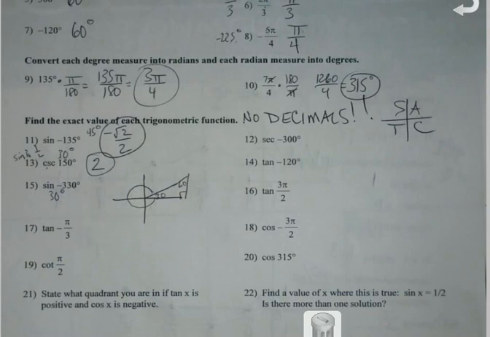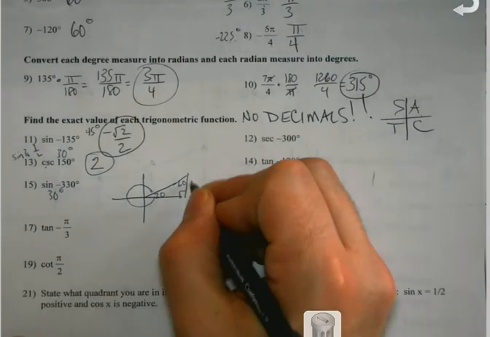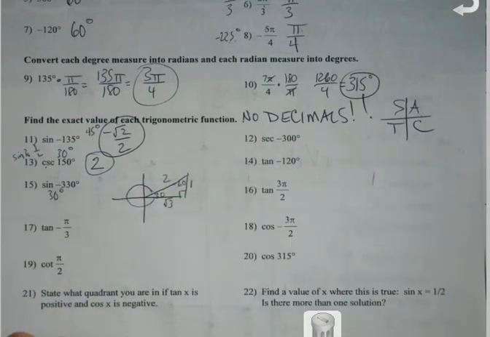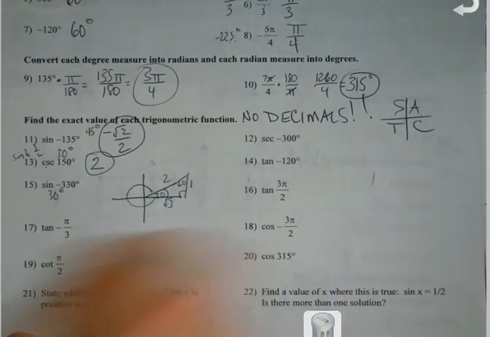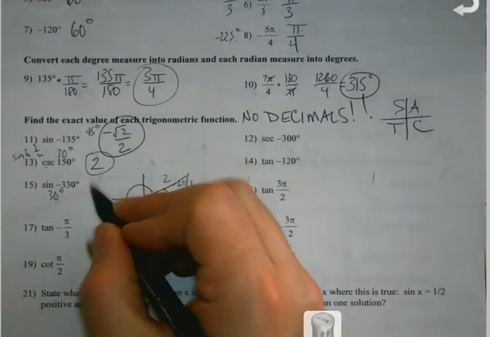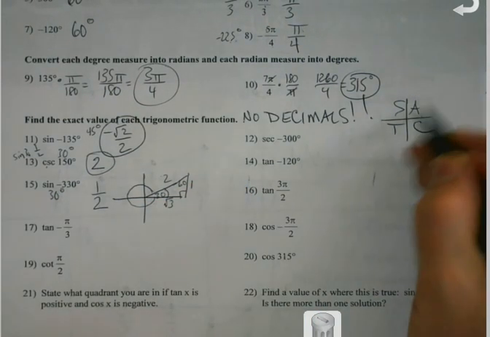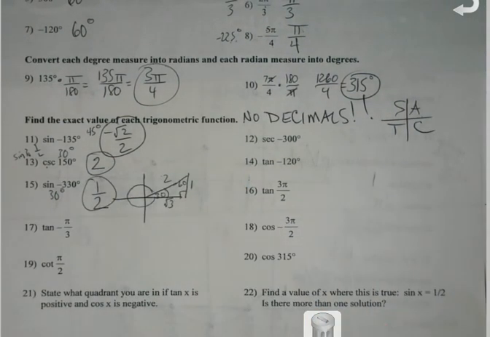Make yourself a little 30, 60, 90 triangle with the sides that we know so well. And then say sine is opposite over hypotenuse and negative 330 is in the first quadrant. That's an option. If you need to draw a picture and use special right triangles, I say do it. But if you know your unit circle, use it.